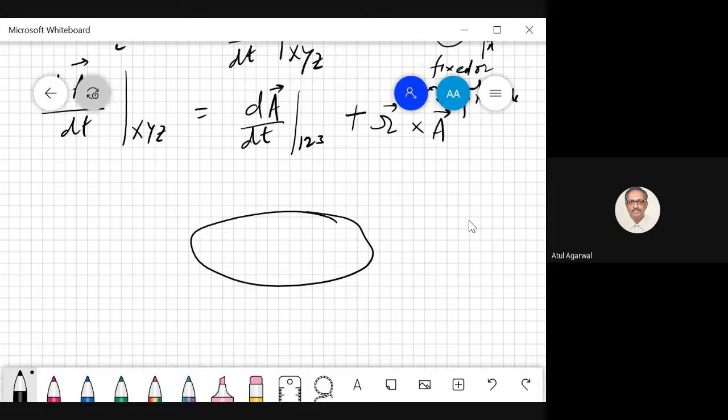So I have this rotating platform. I have a slot in it, and there is a particle moving outward in the slot. Now you see, this slot is fixed with respect to the platform, and this particle is moving in the slot. So an observer stationed here will see that this fellow is moving outward. He has some outward velocity. It can also be accelerating in the slot.